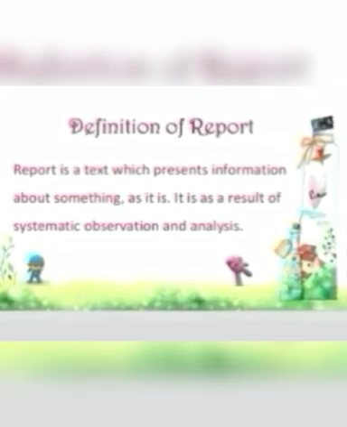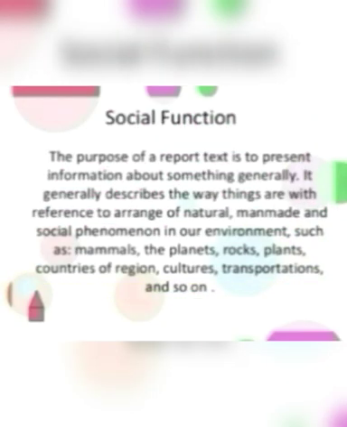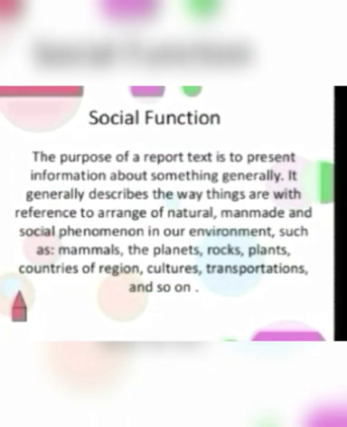Report text is a text which presents information about something. It is a result of systematic observation and analysis. And then, social function. The purpose of the report text is to present information about something in general.